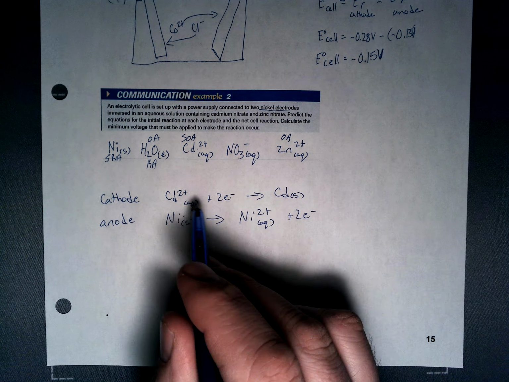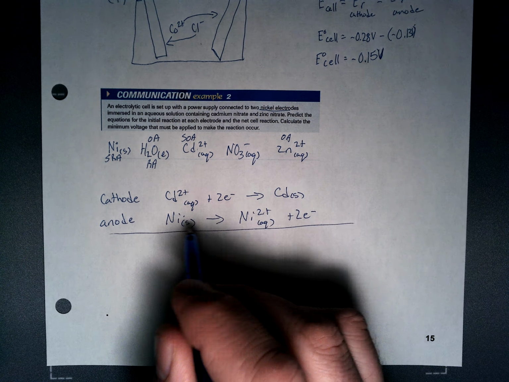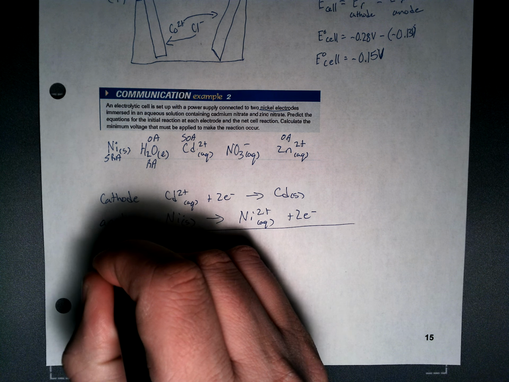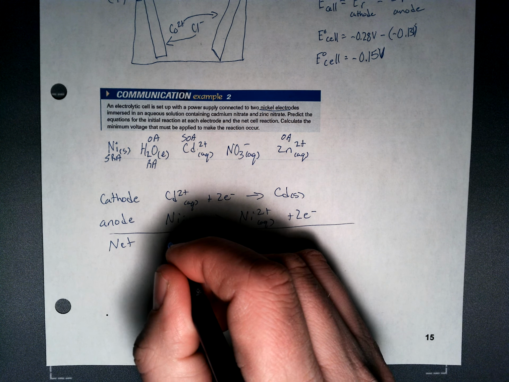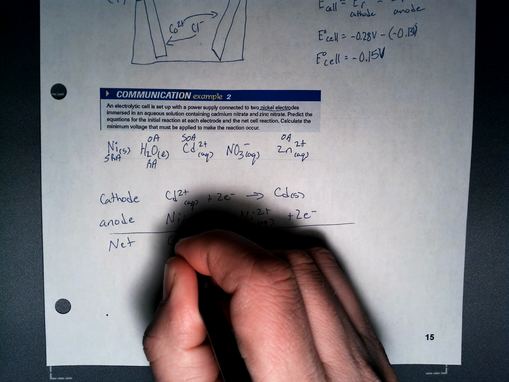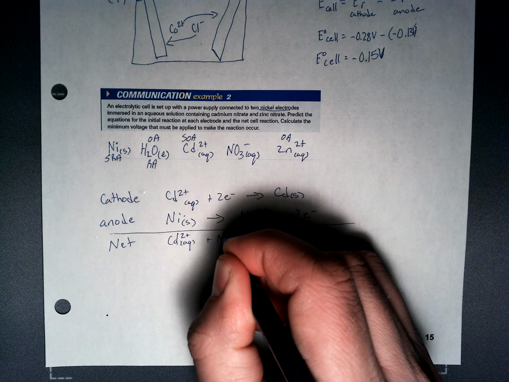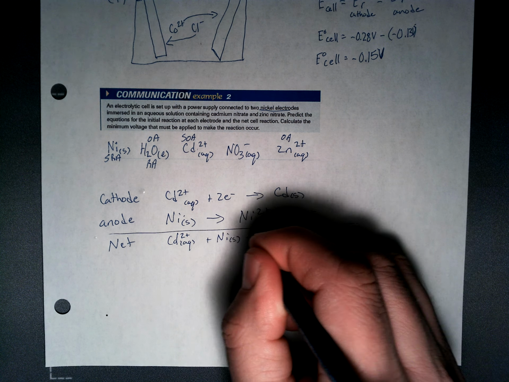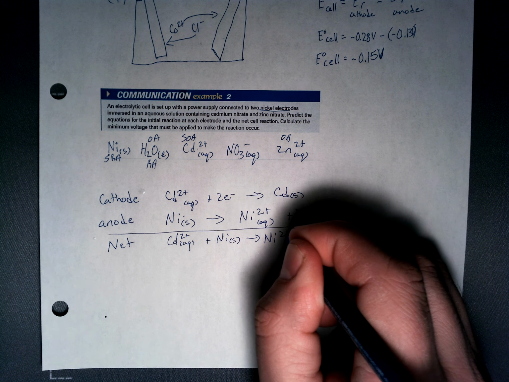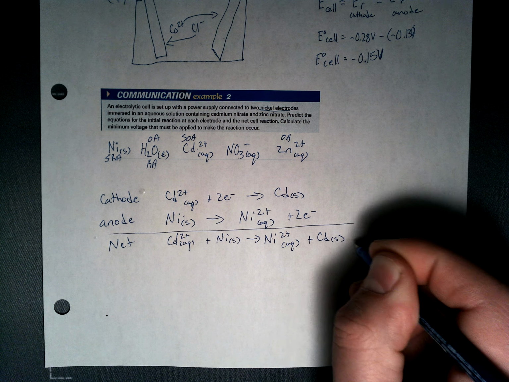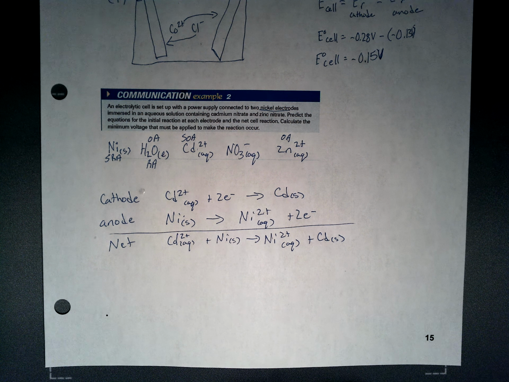Again, we have a 2 electron transfer, so we don't have to multiply anything by any factors. And then our net, put it together: Cd2 plus plus nickel solid is going to produce nickel 2 plus and cadmium solid. That's our overall reaction.